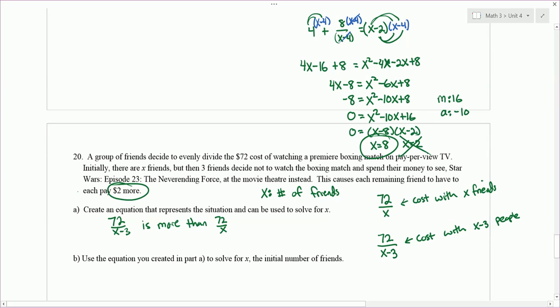So if I want to set these equal, well, 72 over x minus 3 and 72 over x are not equal. The first fraction is more than the second fraction. How much more? $2 more. So I'm going to add 2 to the second fraction, and now they're equal.